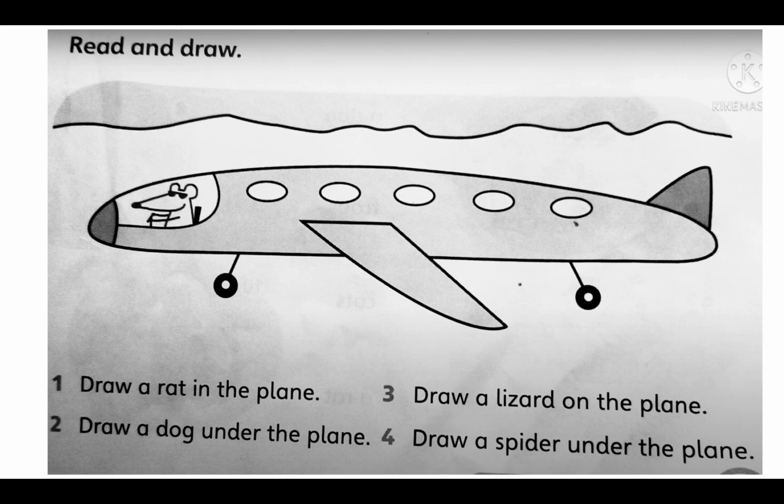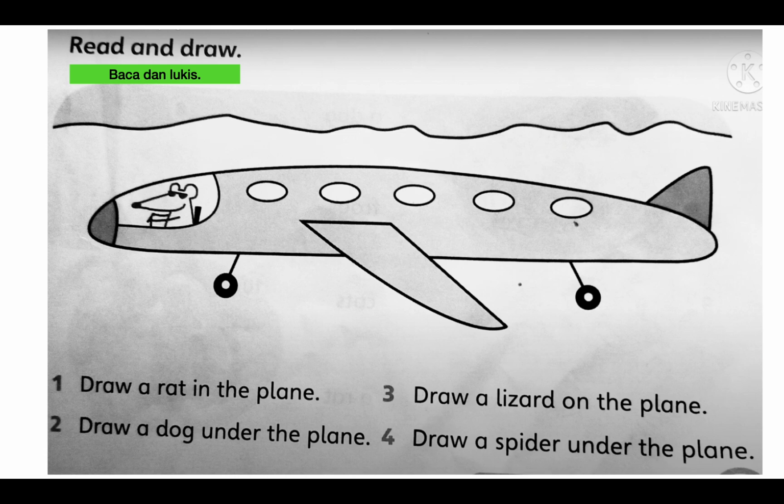Next. Read and draw. Maksudnya, baca dan lukis. So, we have to read 4 sentences here and we have to draw according to the sentences. Kita kena baca ayat ini dan kita kena lukis. The first question, the answer has already been given to you.